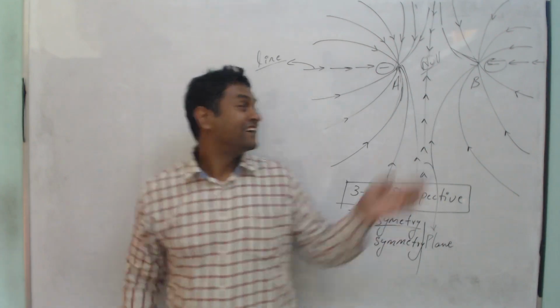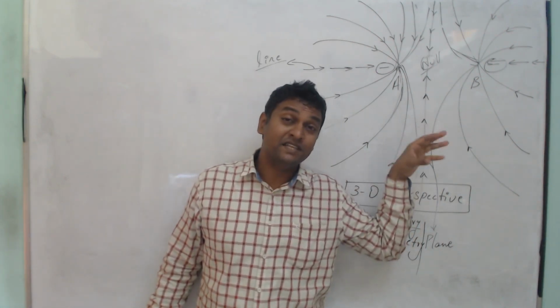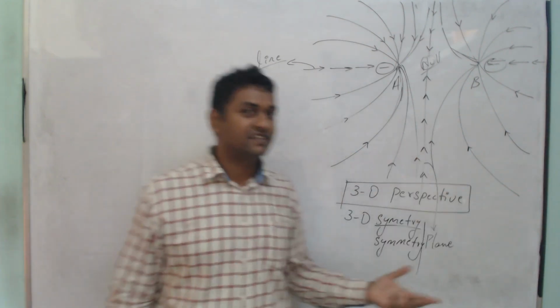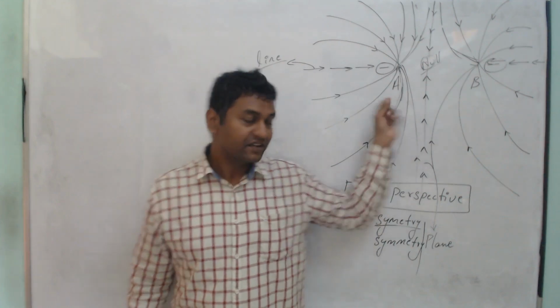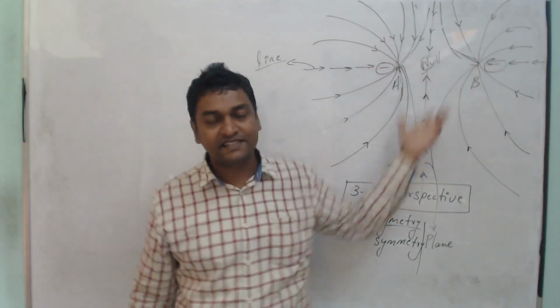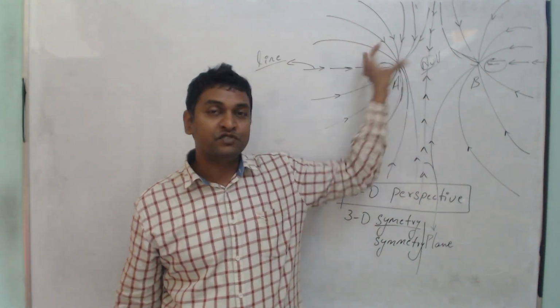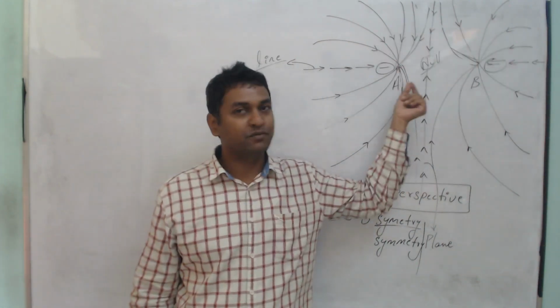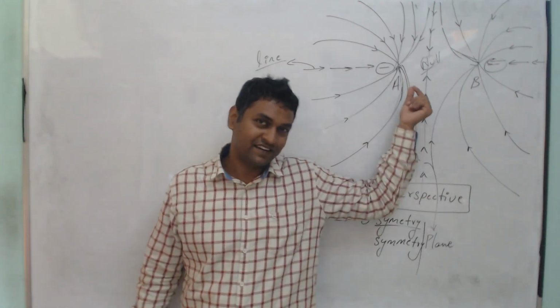The 3D perspective means 3D symmetry is also existing. That means when I choose a point at this distance, there will be exactly another point which will be at the same distances from both the charges and will have the same magnitude of the resultant electric field.